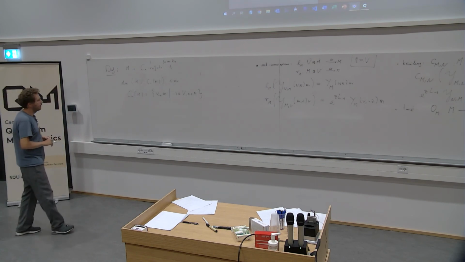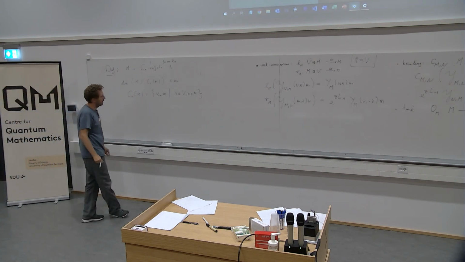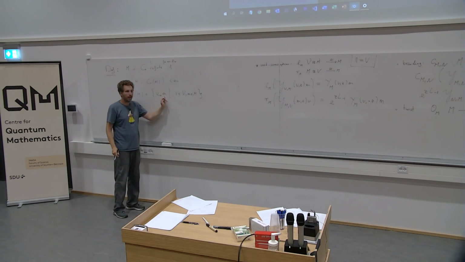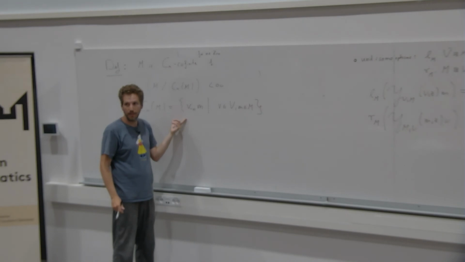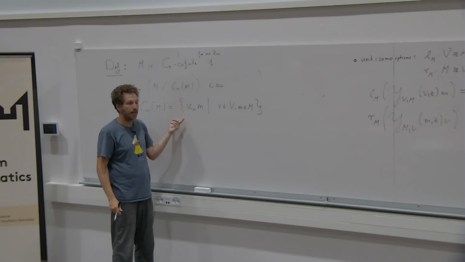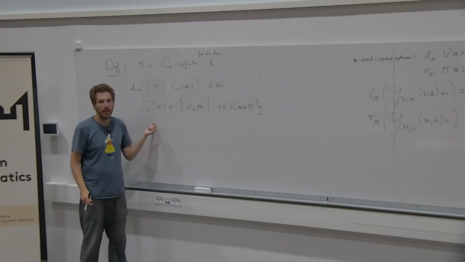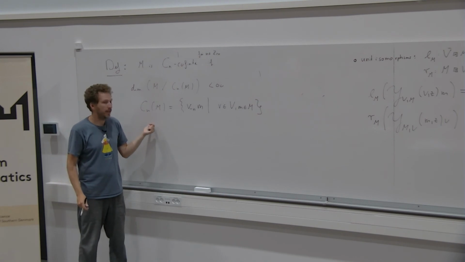Right? So this means every vector I can write as a vector on the top level times a monomial in the negative modes. In particular, no matter how I choose my ordering, the leftmost mode will be a negative mode.